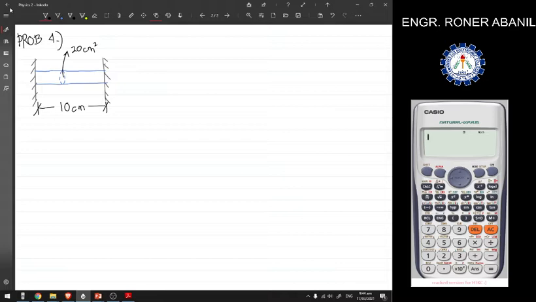Meron tayong T1 or sabihin natin T initial is equal to 17.2 degrees Celsius. Tapos, meron tayong T final na 22.3 degrees Celsius. Okay. So, ang hahanapin natin dito is yung stress in the cylinder tapos yung force na ini-exert ng dalawang wall.